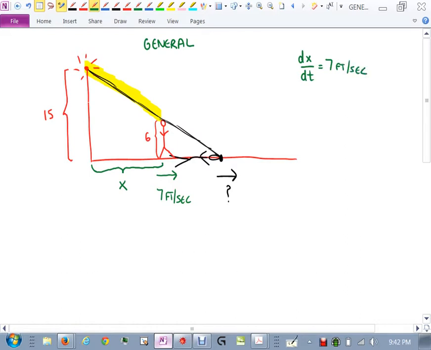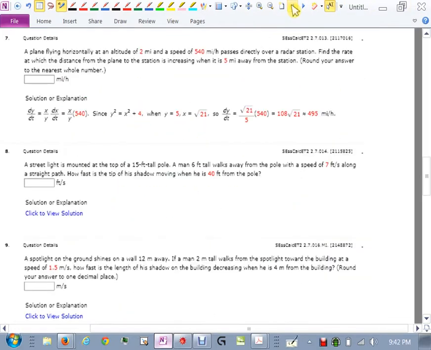So that's how fast x is growing. And then the distance from the pole all the way to the tip of the shadow, we will call s. And therefore, this is what we're given, we want to know what ds/dt is. And we want to know it at exactly the point that he is, what was it, 15 feet?